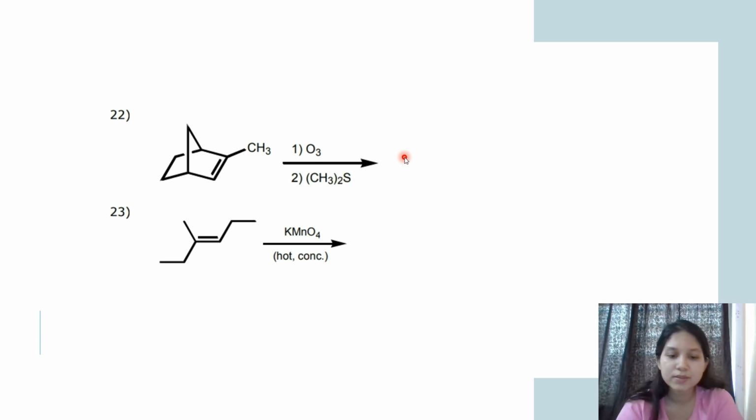Then moving to the last question of this session, you have to treat this tri-substituted alkene in the question with hot and concentrated potassium permanganate solution. Okay, the medium is here a hot and concentrated solution of potassium permanganate, and you have to treat it with the tri-substituted alkene given.